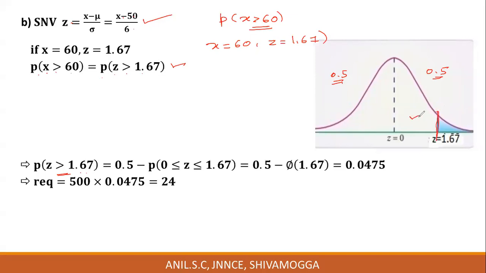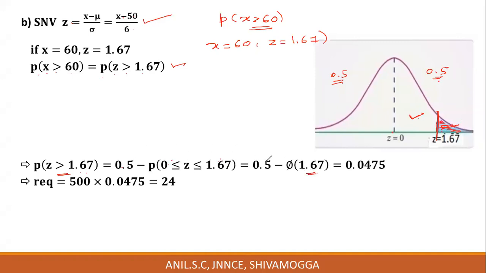This is the area where Z is less than 1.67. This is the area where Z is greater than 1.67, and this area is required now. This area is obtained by 0.5 minus this unshaded area, which is the area from Z equal to 0 to 1.67, denoted by phi of 1.67.